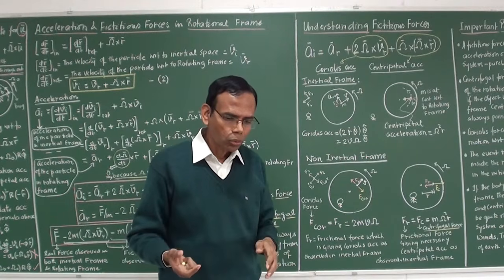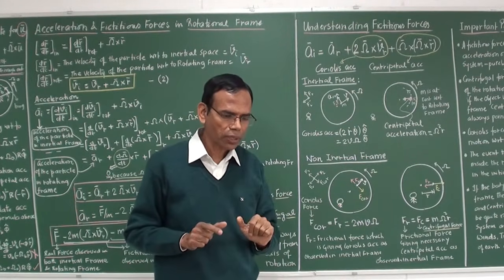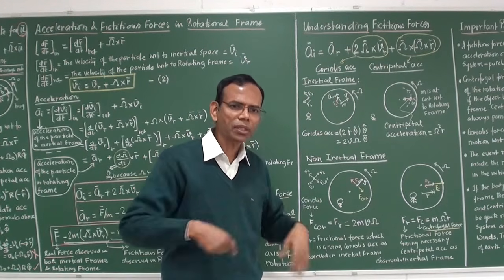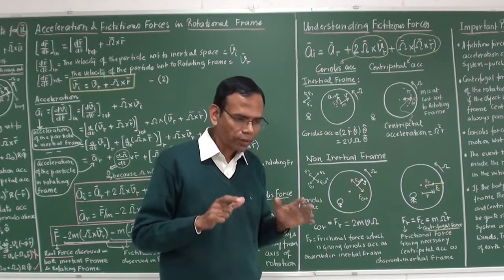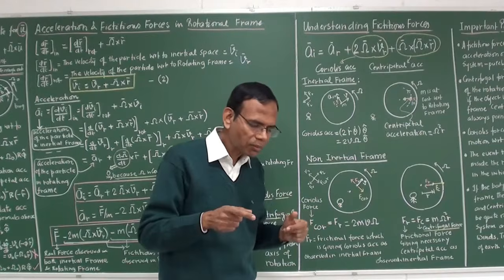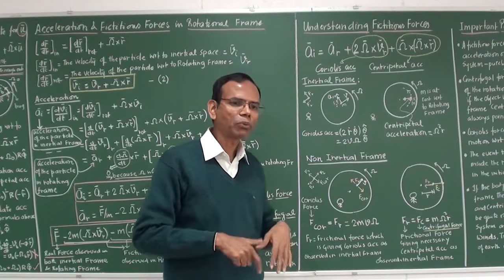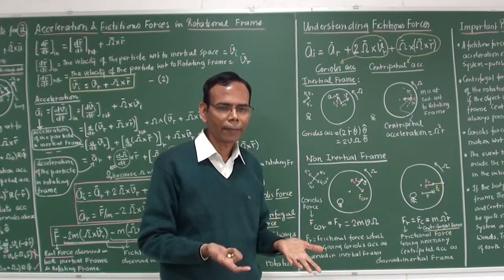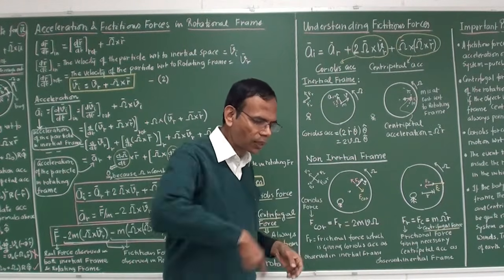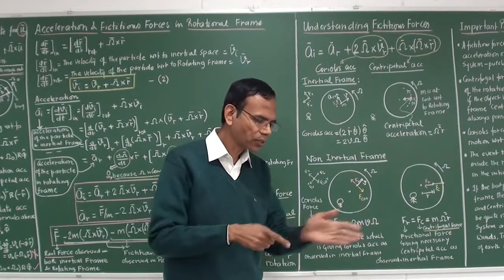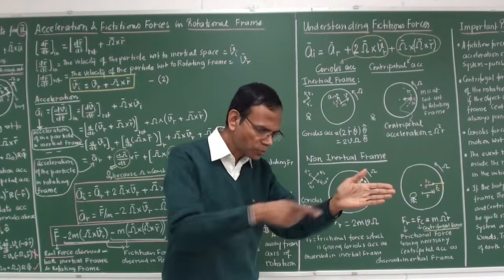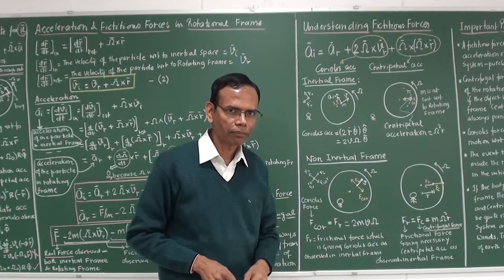Now, I am observing the frame from outside. When I am going inside the frame, obviously my frame velocity is 0. So whatever effect was observed because of the rotation of the frame, I have to nullify that effect. Because that effect was because of the rotation and also the interaction between the movement with respect to the rotating frame and the rotating frame.